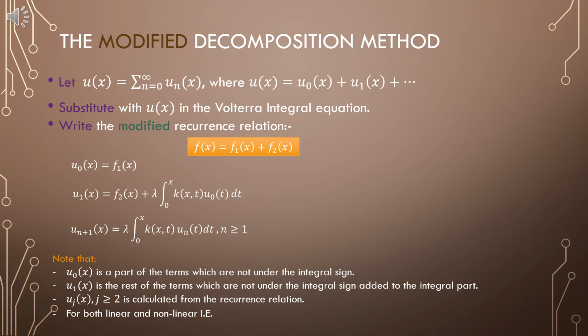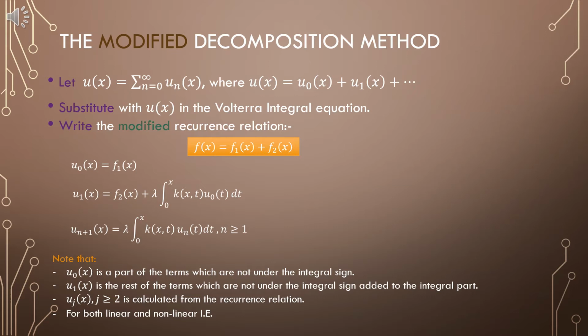The first step, we let u of x equal the summation n from 0 to infinity u_n of x, where u of x will be equal to u0 of x plus u1 of x, and so on. Then we substitute with the summation in the Volterra integral equation. After that, we write the modified recurrence relation.